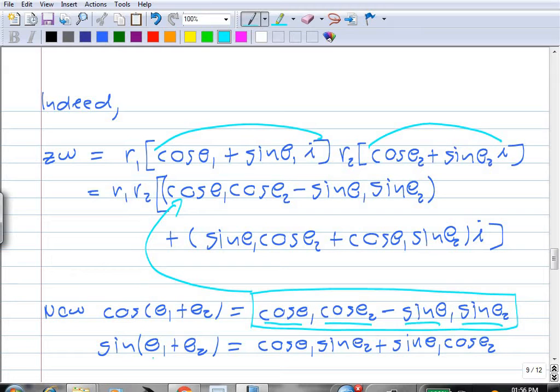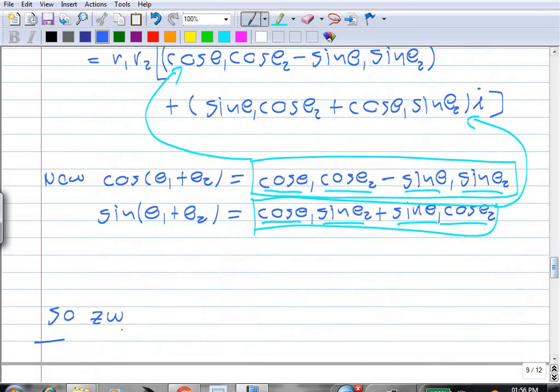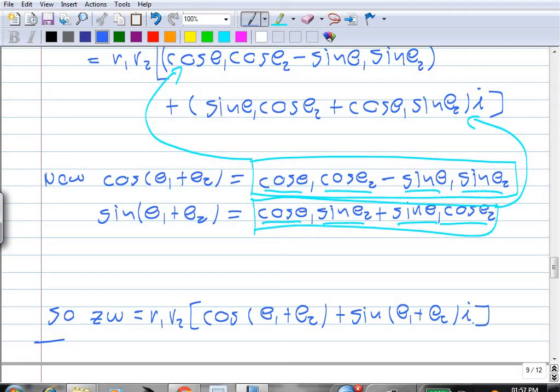On the other hand, sin(theta 1 + theta 2) is cos theta 1 sin theta 2 plus sin theta 1 cos theta 2. And again, this is exactly what we've got here in the imaginary part. So then we have zw is r1 r2 (cos(theta 1 + theta 2) + i sin(theta 1 + theta 2)), as we wanted.